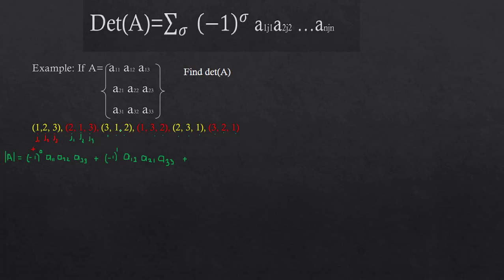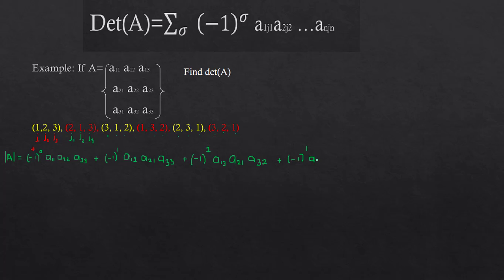Plus minus 1 raised to the 2, and we have A13, A21, and A32, plus minus 1 raised to the 1.